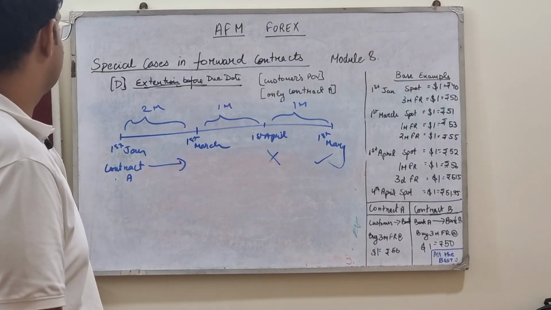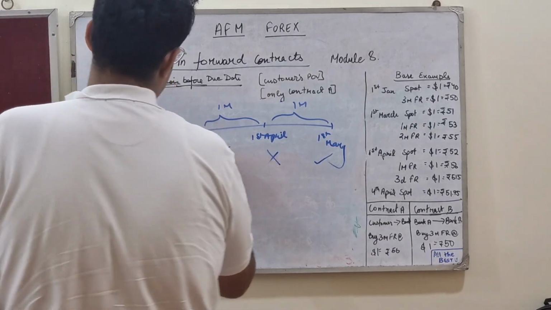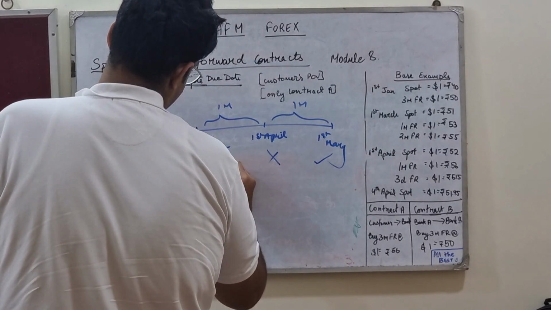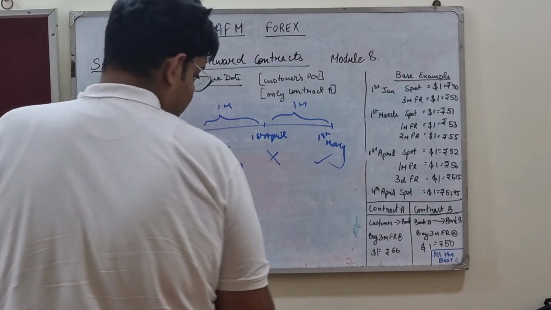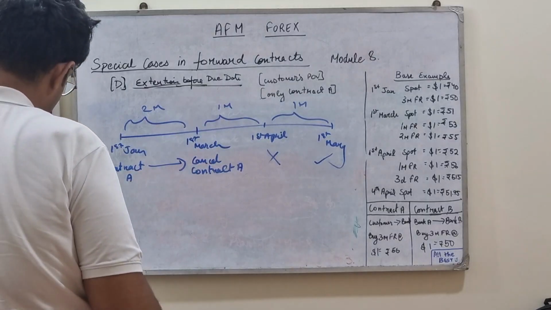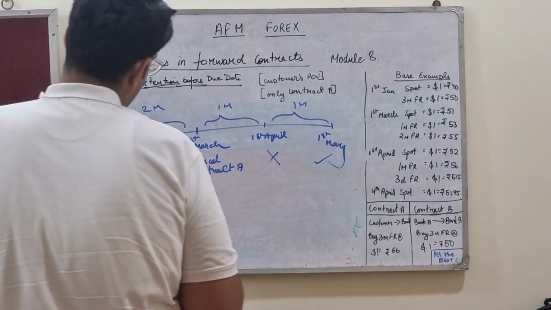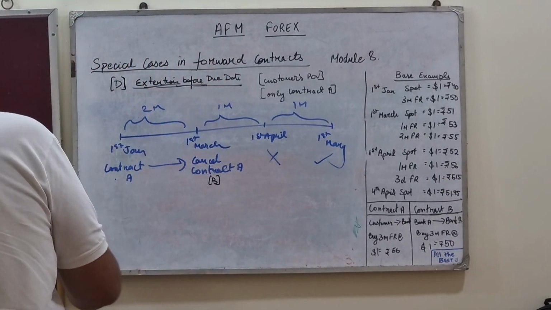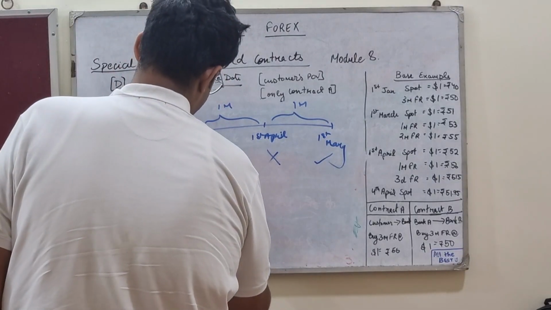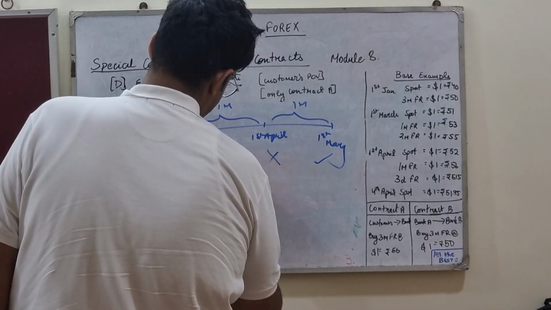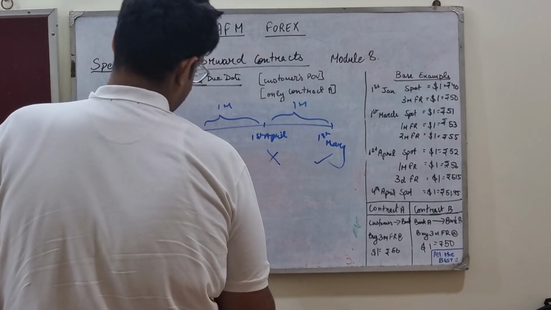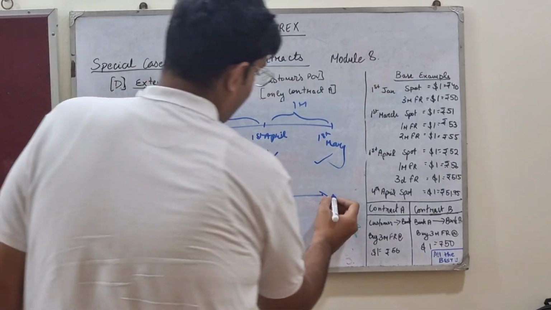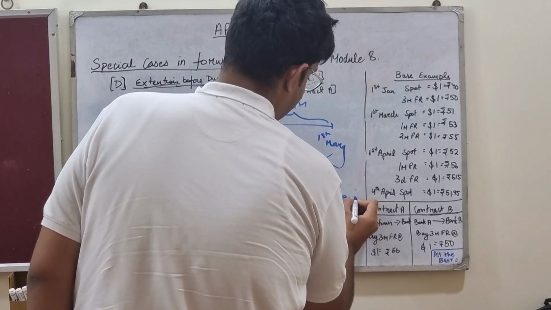So basically, the bank would cancel contract A before the due date, which, if you remember correctly, is special case B, and then book a new forward contract for 1st May, and then we would execute it on 1st May.